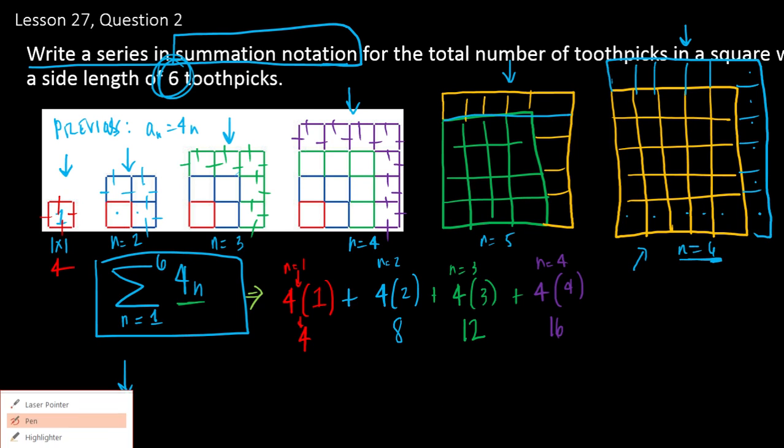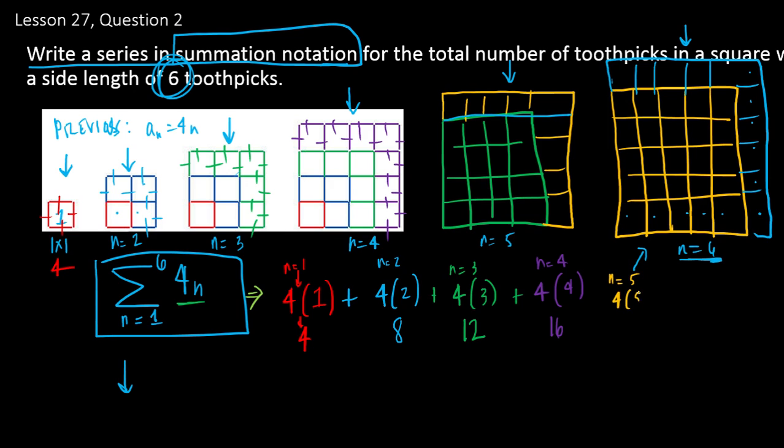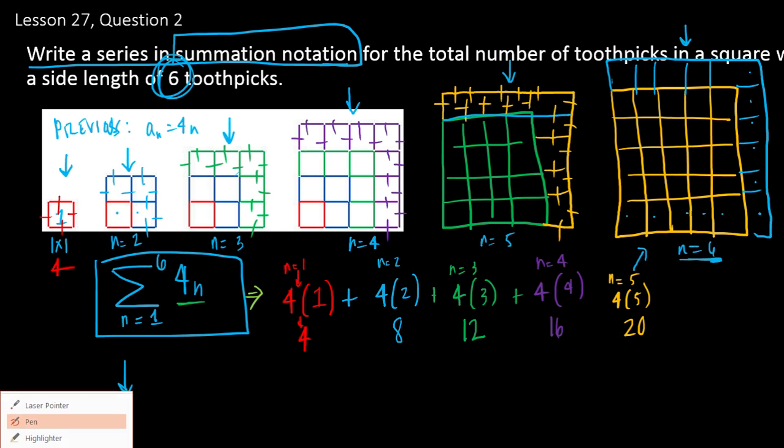Keep going. What if I evaluate this for n equals 5? So n equals 5 would be 4 times 5, which is 20, right? And if I decided to go back and count this, 1, 2, 3, up to 20 is correct. And finally, my last one, I'll do this one in white.